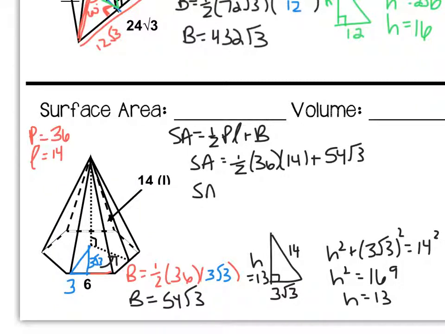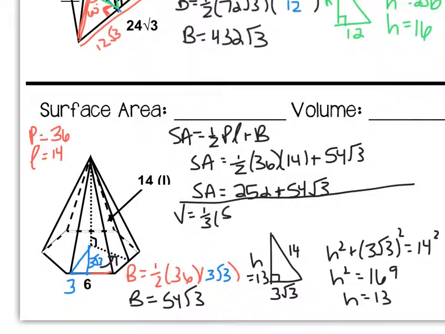So surface area is going to be 252 plus 54 square root of 3. And then volume is 1/3 area of my base, which is 54 square root 3, times my height, which was 13.